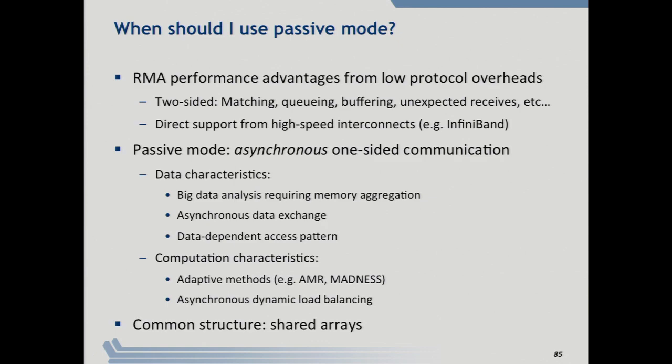The passive mode does have a challenge, which is that it is passive. There is no MPI call at the destination that can help move things along. And so that means implementations have either been wrong, so that sometimes things don't happen until some kind of MPI call happens at the target.